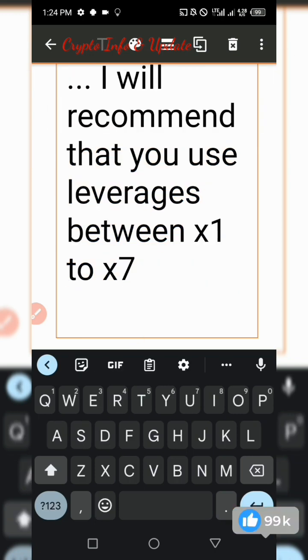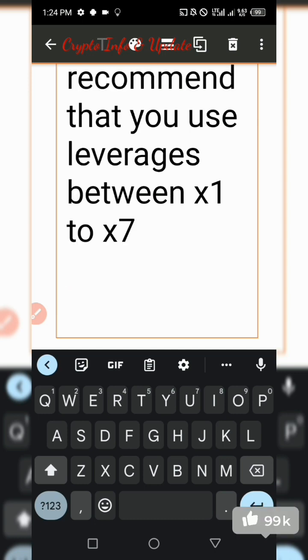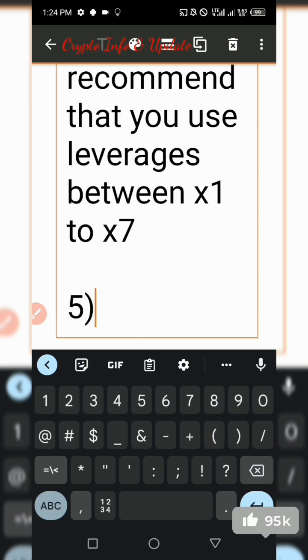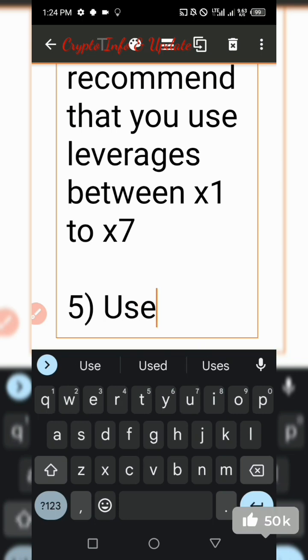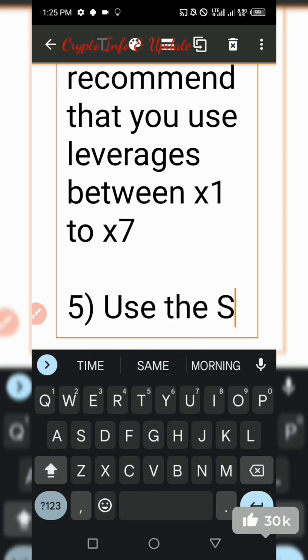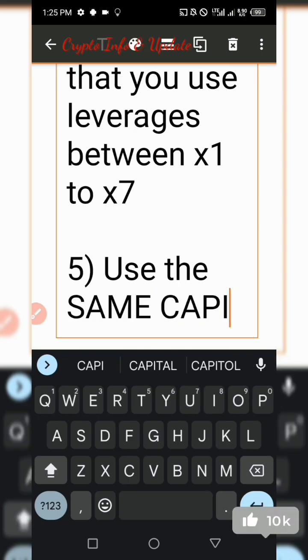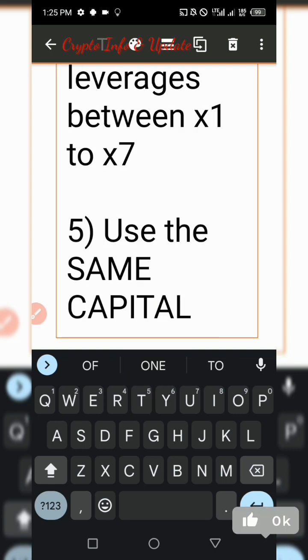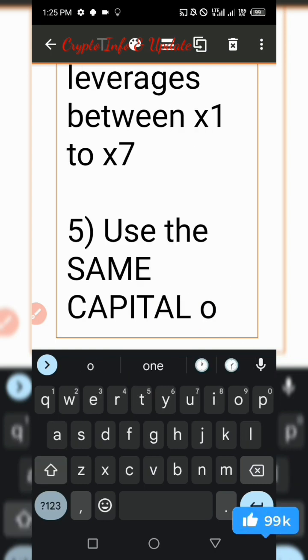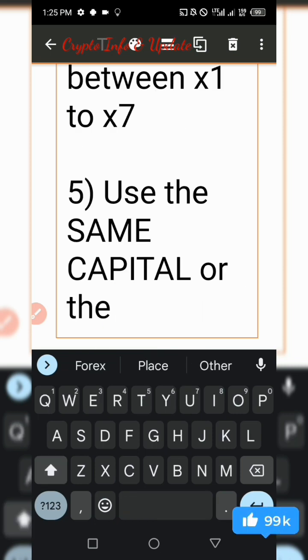Number 5 is you must use the same capital, or if you like, you can say the same amount.